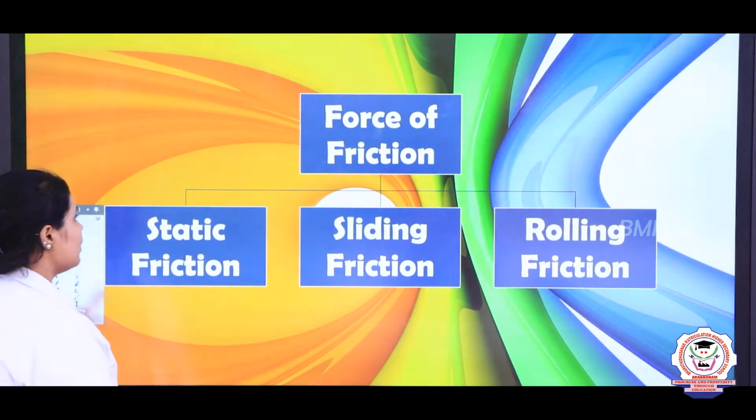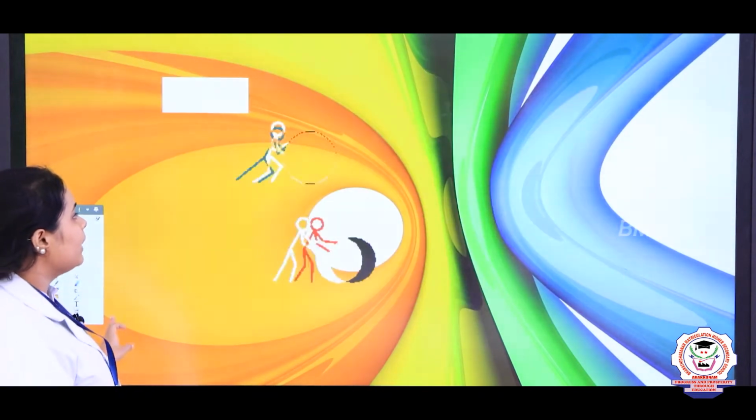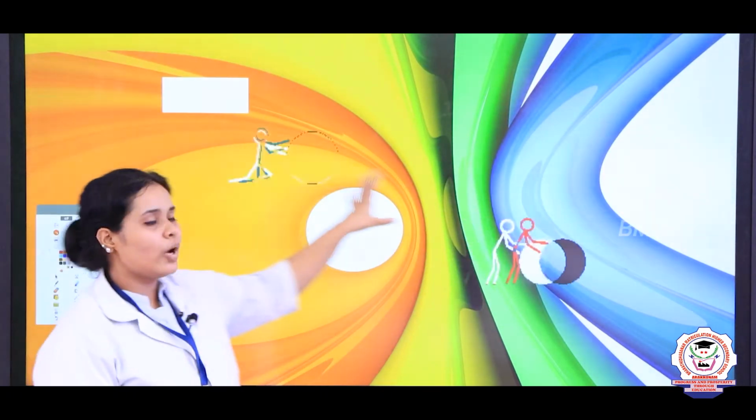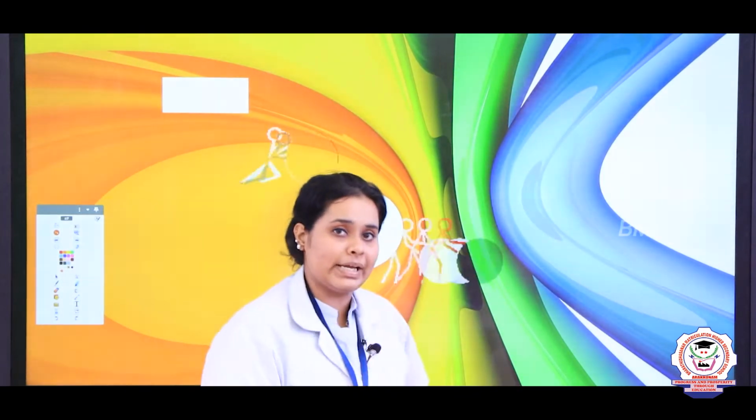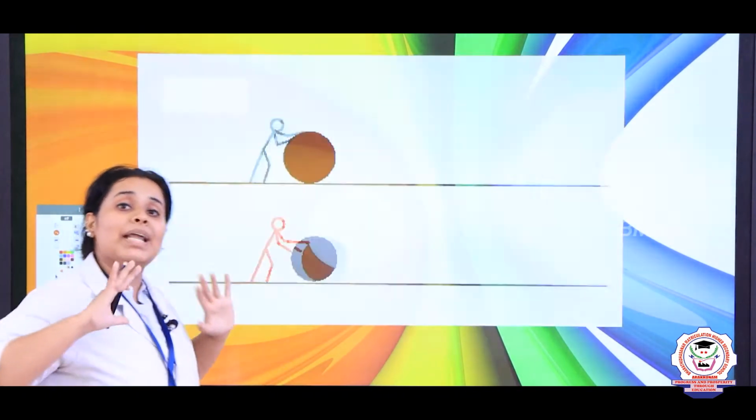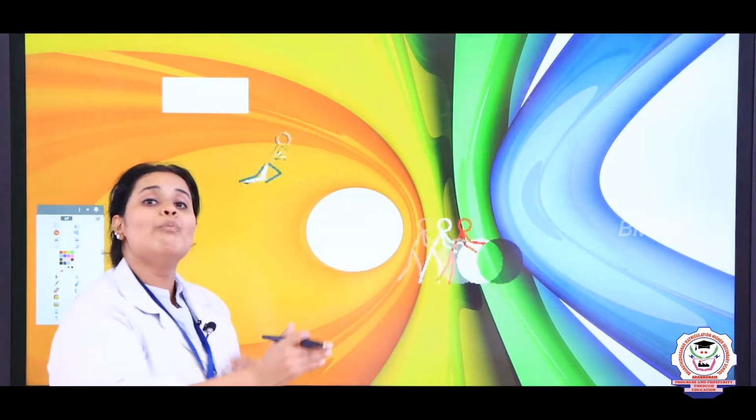So let me show you the first picture. What's happening here? One boy is rolling the ball and one more cannot move the ball, right? Sometimes if an object is very big in front of you, it is difficult for you to move it. You are putting pressure, the force is being applied, but there is no movement.